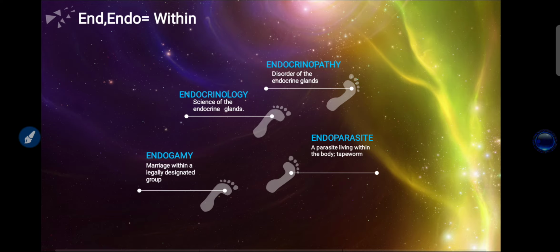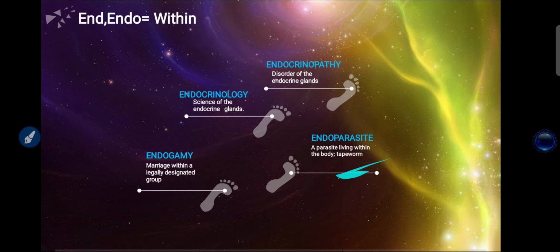But here gamy means marriage, and endo means within. So marriage within a legal group. If someone marries someone from his or her same caste or religion, that is a legal group. So endogamy.